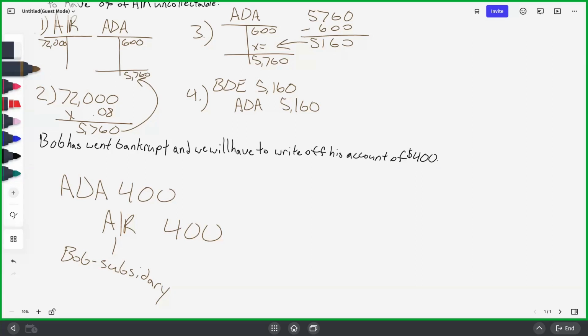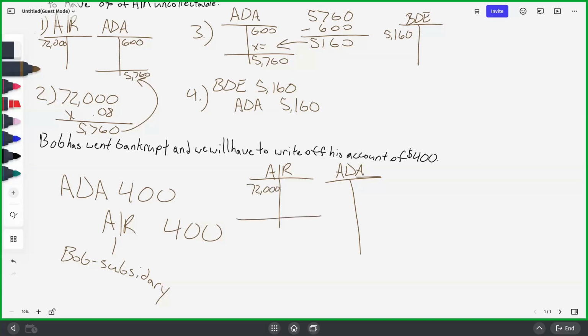And if we were to look at this through the T charts too, gonna get into the nitty gritty here. I'm actually keeping this up here, so we get to see everything. We have 72,000.